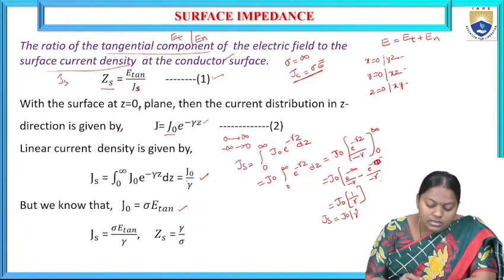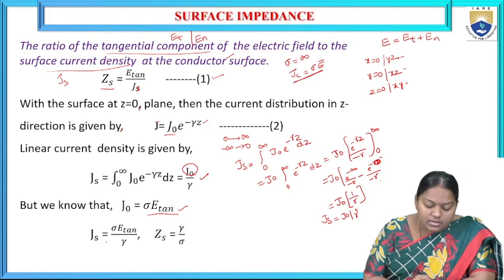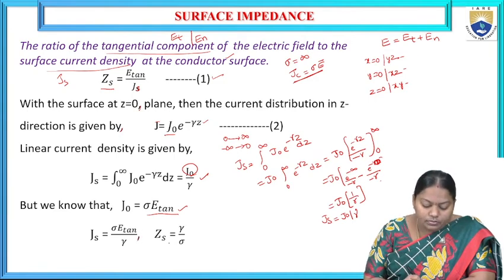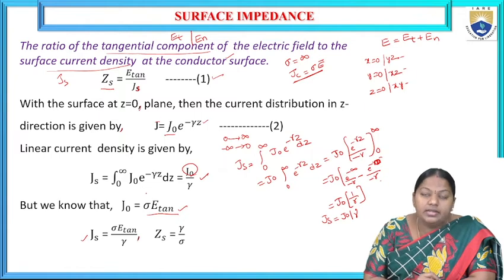Substituting J naught by sigma into E tan, Js is equal to sigma into E tan by gamma, as we obtained from this linear current density.